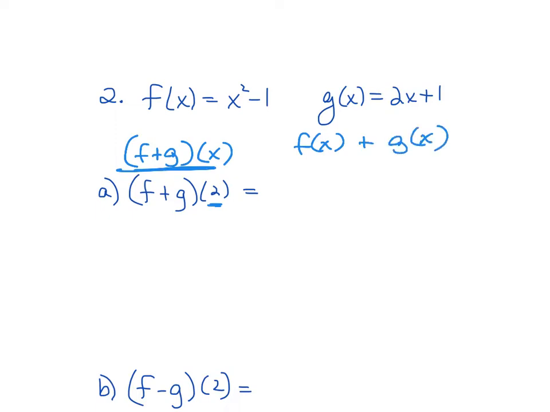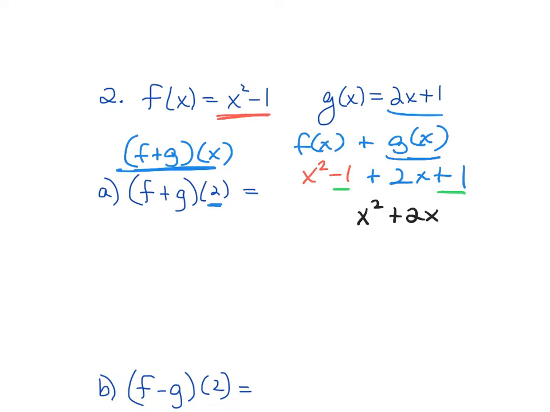So you would take your f of x, which is x squared minus 1, take your g of x, which is 2x plus 1, and now I would combine my like terms. The only like terms I have are the negative 1 and the positive 1. So this simplified answer would just be x squared plus 2x.